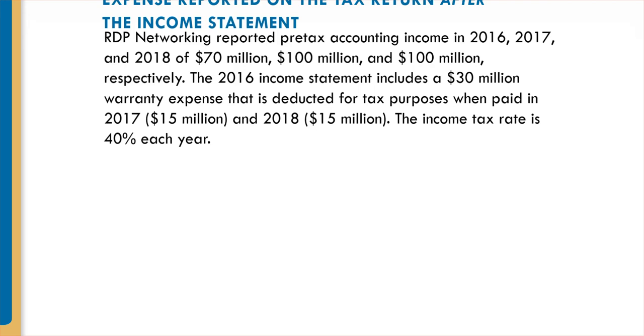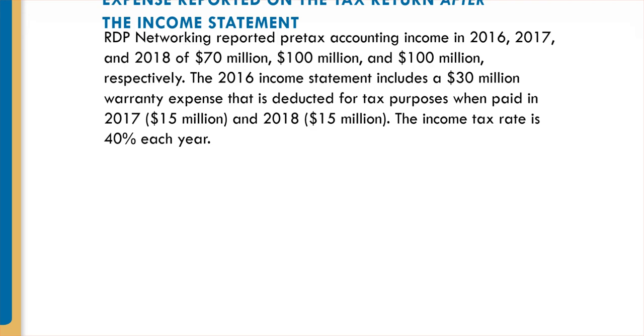Again, I'm going to assume that the defective products will be the same as their original estimation when they did the accrual. So we have this 30 million in expense. It shows up as an expense, reducing net income for this time period, and it does not reduce taxable income.